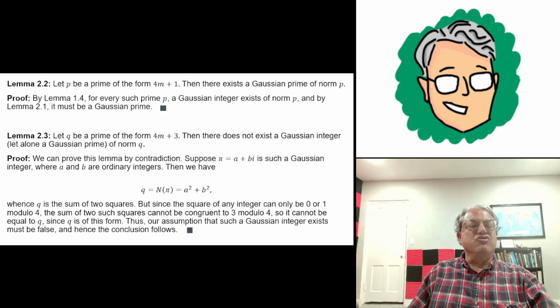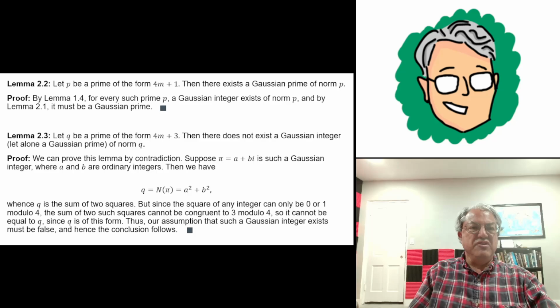We can look at its norm, and we already assume that its norm is q, and we can write it as a squared plus b squared. So now we have a number q. It doesn't even have to be a prime, but here we are assuming it's a prime. So just imagine q is any integer that's of the form 4m plus 3, any integer that's congruent to 3 modulo 4. And we're claiming that that integer is the sum of two squares. Well, now we're going to prove that that's impossible.